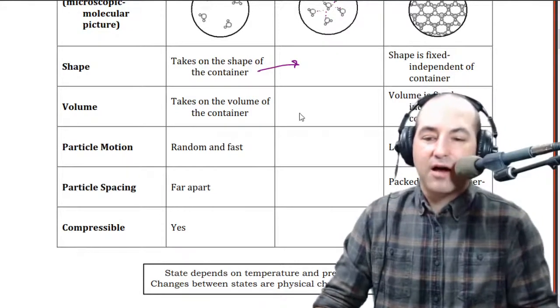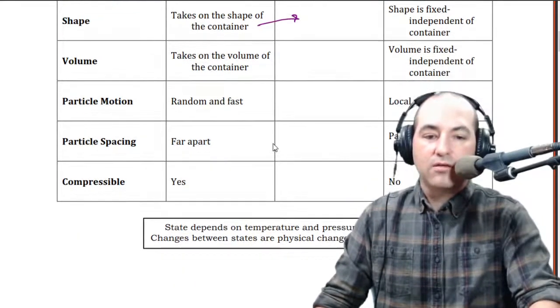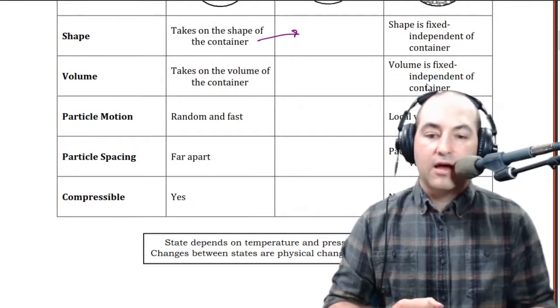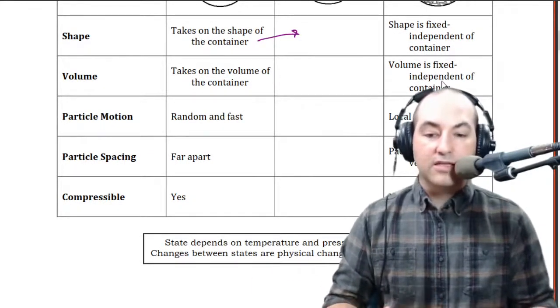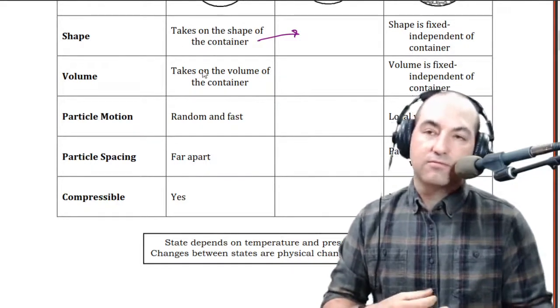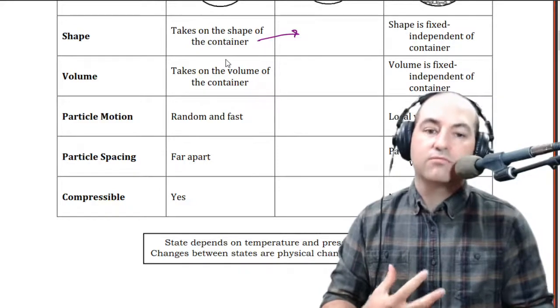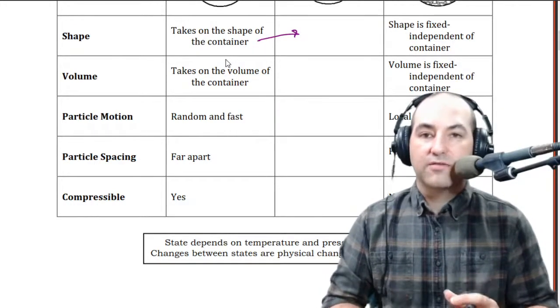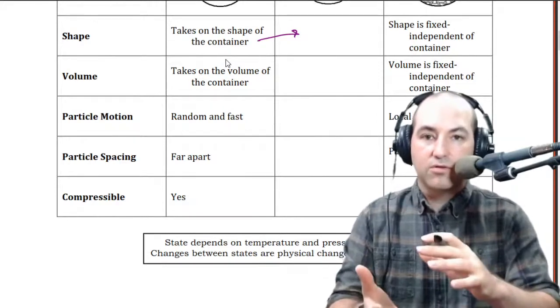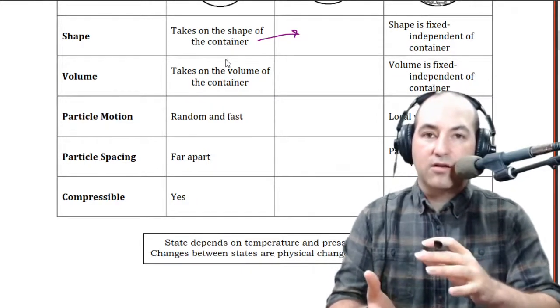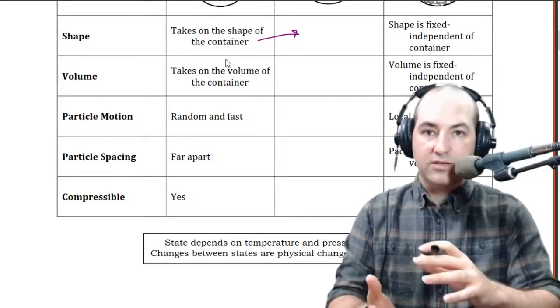All right, so what about volume? Volume is how much space it takes up overall. Now, a solid also has a fixed volume, but a gas takes on the volume of its container. If you have a certain amount of gas in, let's say, a balloon, and that balloon has a certain amount of volume, that's how much volume of gas you have in there.